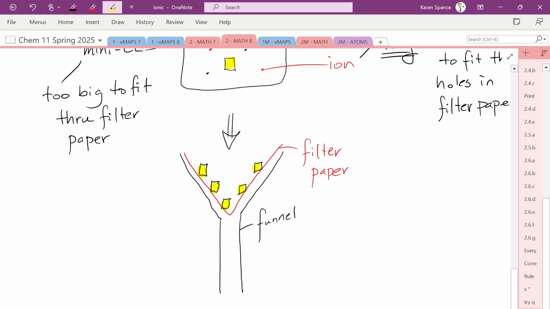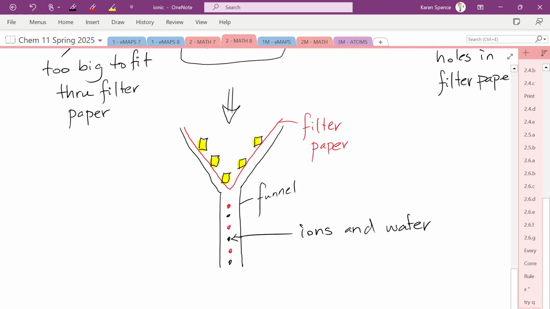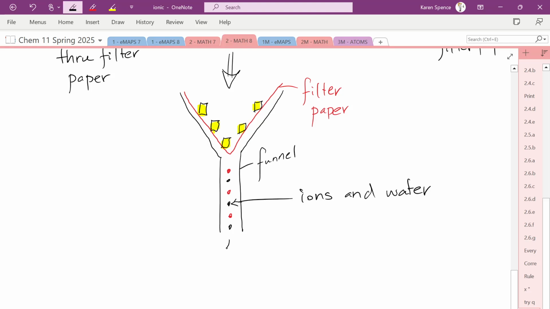But the ions, and water is also a teeny tiny molecule, water and the ions drip out the bottom. Do you know what we call this solid on the filter paper?